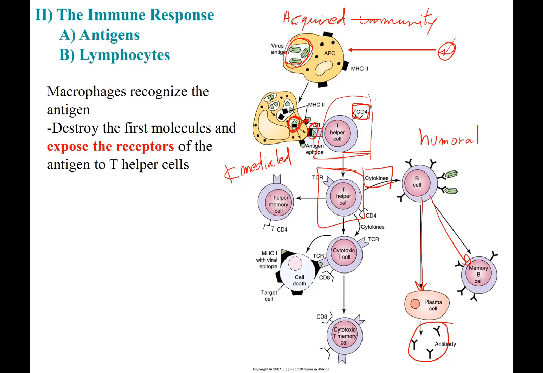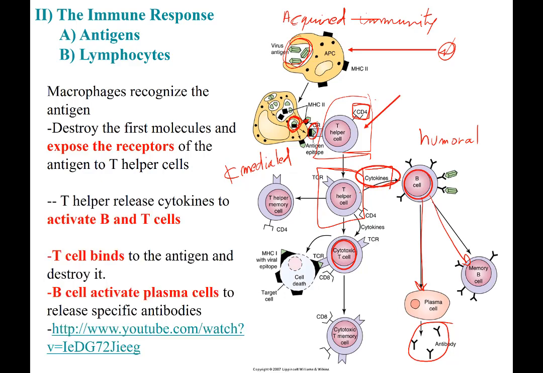Different types of cytokines will communicate with B cells, other types of cytokines will communicate with T cells, and that's how they can specifically activate the system. You can look at this YouTube video also. It's a pretty cool video that explains the T cells and the B cells and the system overall.